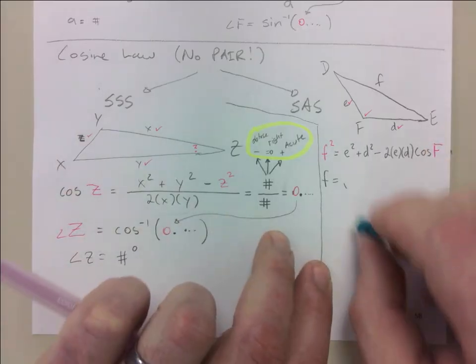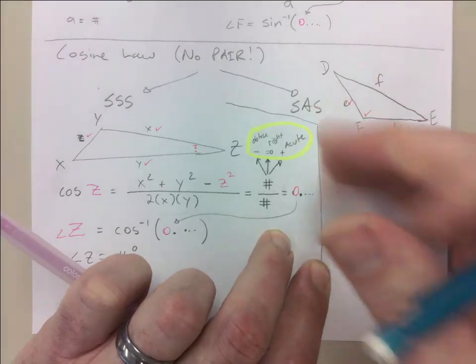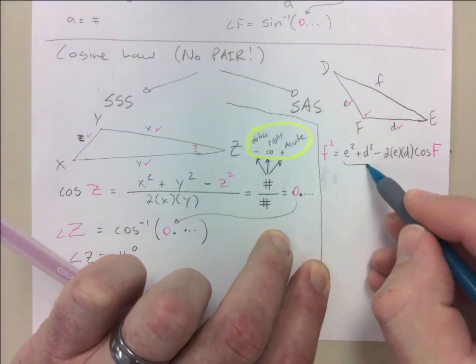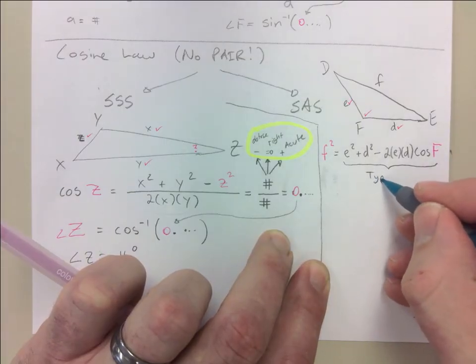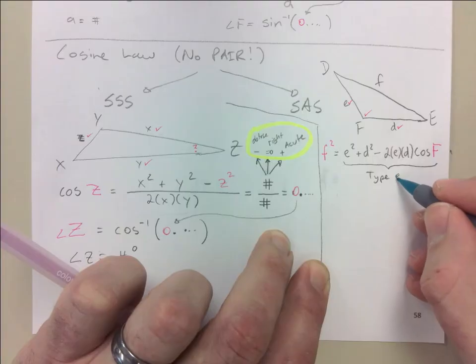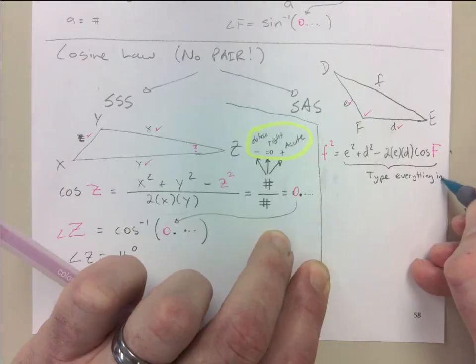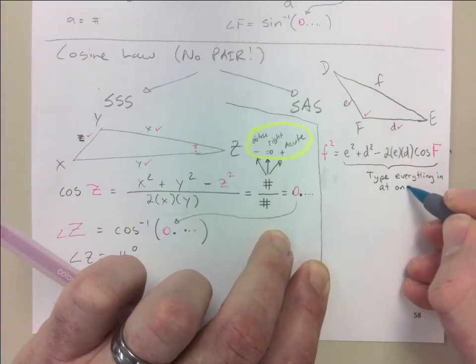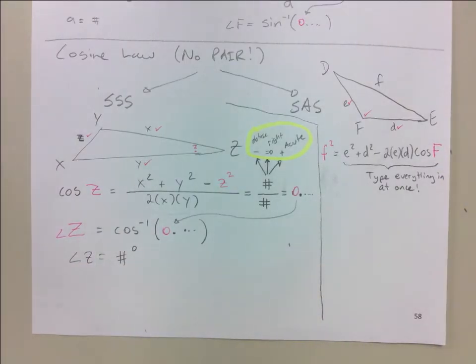You know what? Lots of students, for some reason, when it comes to the exam, they forget about the trick. Type it all in one shot. Type everything in at once. Okay, that is probably the most common mistake that I see, that students want to do it all separately because you've been told, right? Like, show your work.